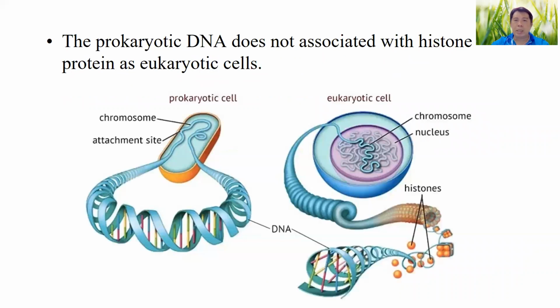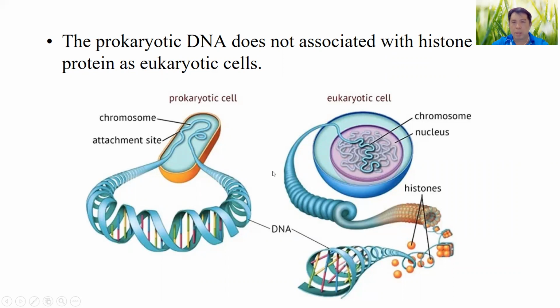The prokaryotic DNA does not associate with histone protein as in eukaryotic cells. As you can see in the diagram, this is the prokaryotic cell, and this is the eukaryotic cell. The prokaryotic cell consists of a single circular DNA that is not associated with histone protein.